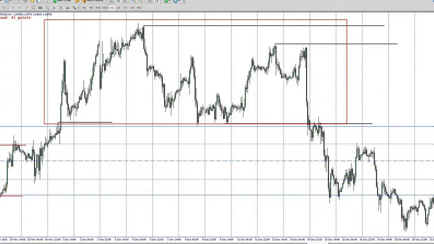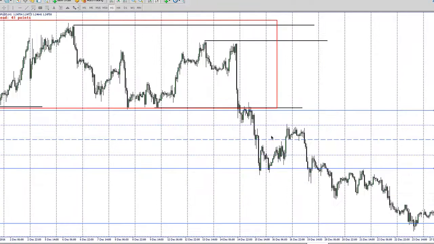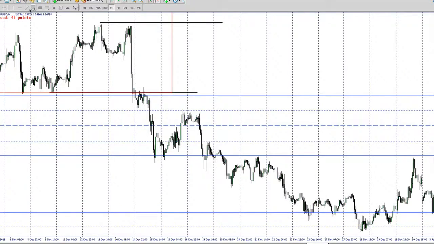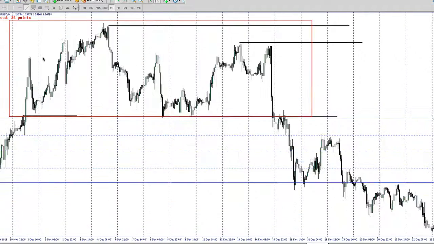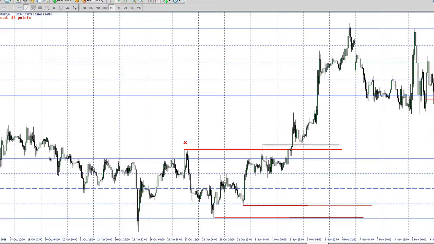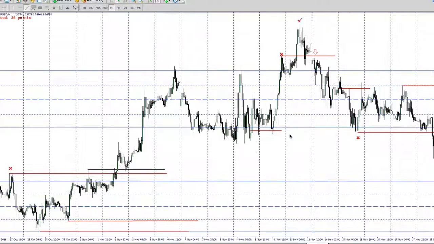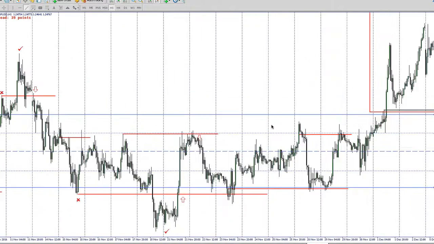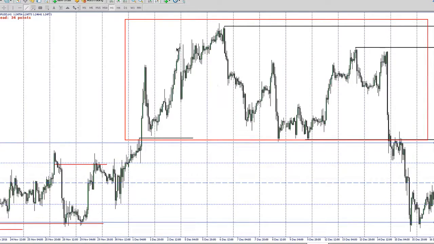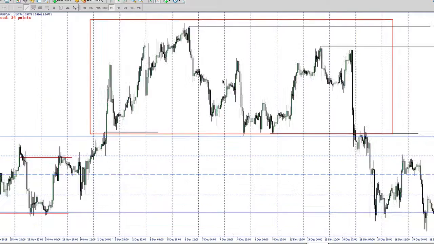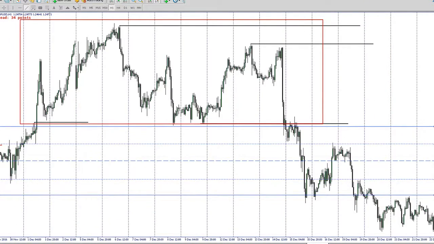So the market comes through the whole box and goes back into it and away, and then you're out of the range. Then we're in a trending market. So it's basically range, a mitigation, trend, range, a mitigation, into range again.